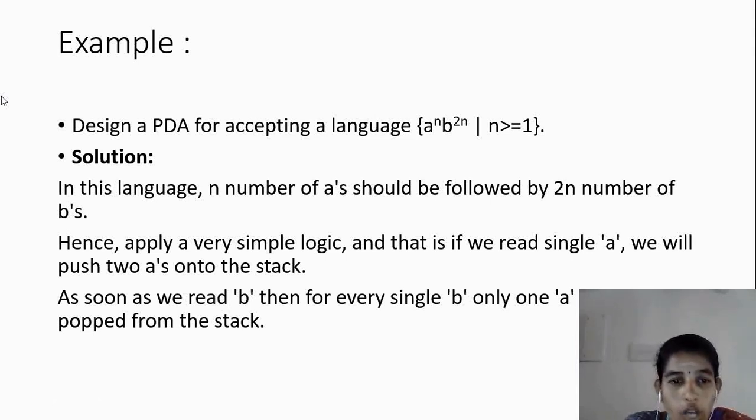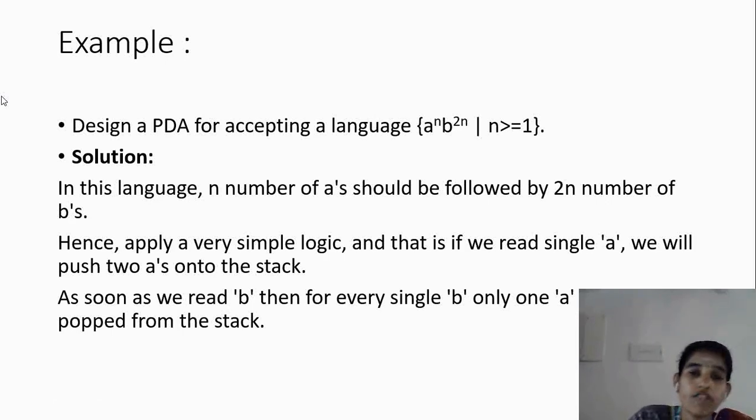The simple logic is, if you read the symbol A, then push 2 A's into your stack. Next, after reading the full length of A, my next input symbol is B. So B power is already 2 power n. When you read your input symbol B, just pop only one A from your stack. This is the simple logic followed here.